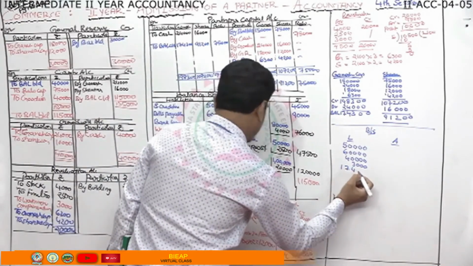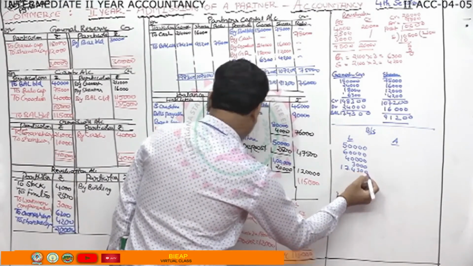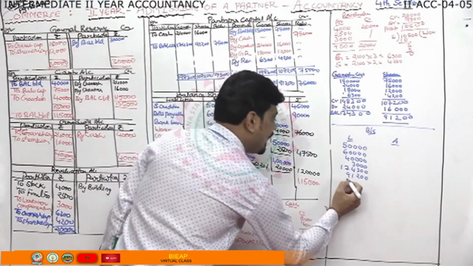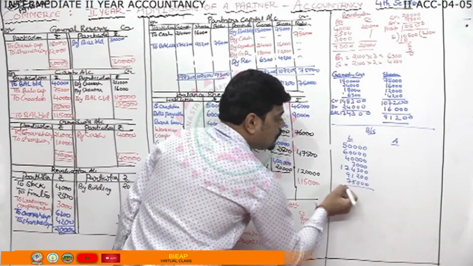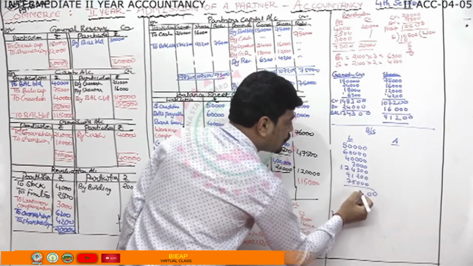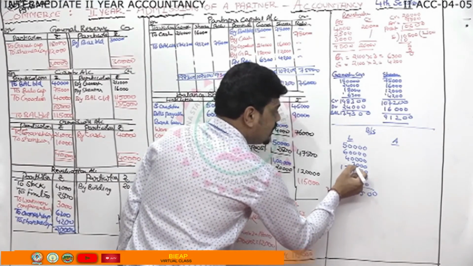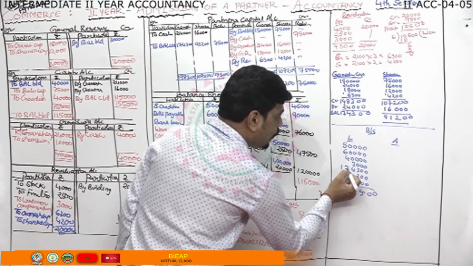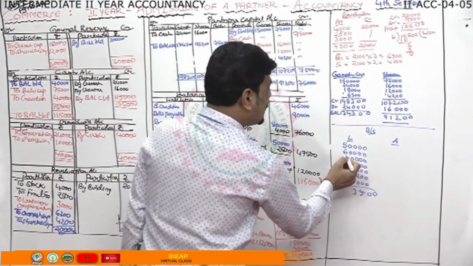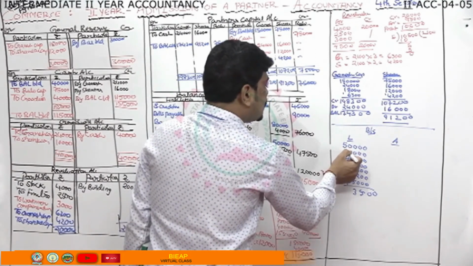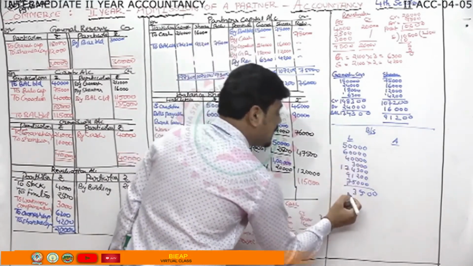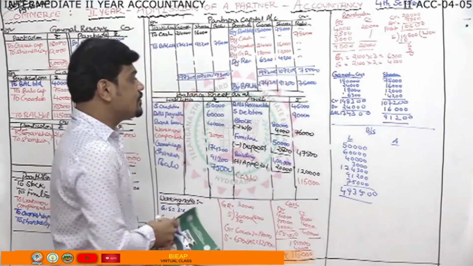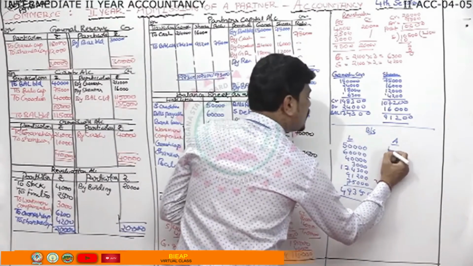Then 1,74,300, 91,200 and 75,000. The liabilities total comes to 4,93,500. Now let us see assets total.